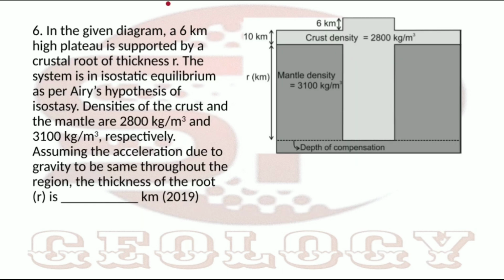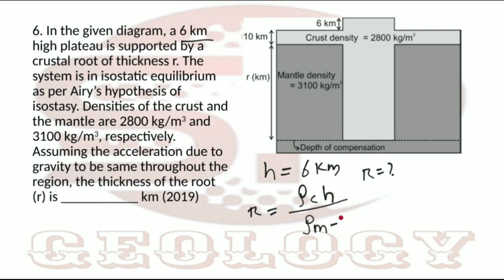In the given diagram, we have a 6 km high plateau. H is given as 6 km. You have to calculate the root thickness. So the root will be rho c into h divided by rho m minus rho c. The density of the crust, rho c, is given as 2800 kg per meter cube. Then rho m is given as 3100 kg per meter cube.